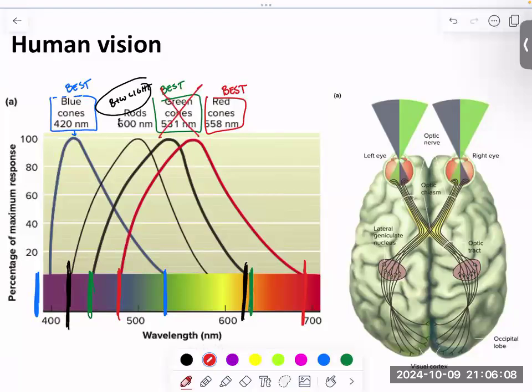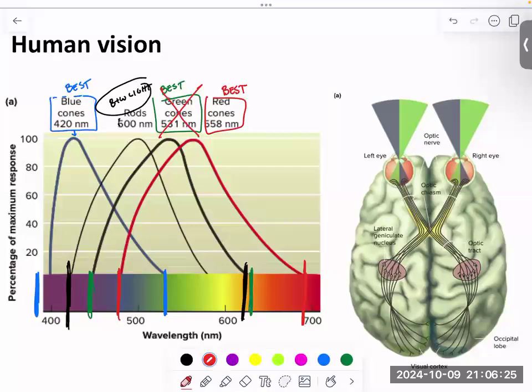They just don't have them. It's not in their genetic makeup. What do you call that? So to a person who's missing the green cones, green is best detected by the green cones.